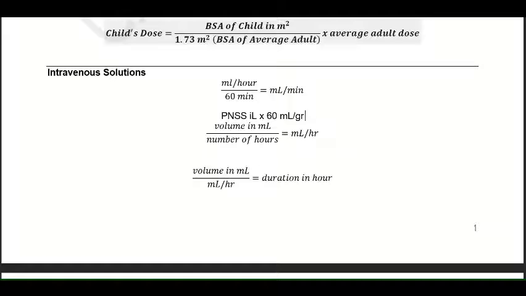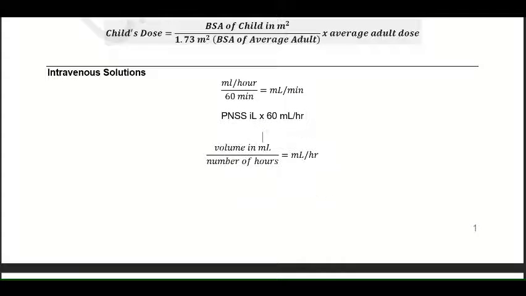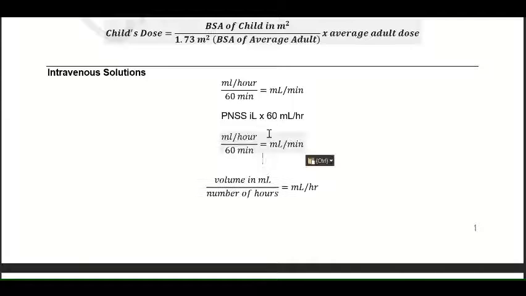For you to determine the ml per minute, if I would copy the formula and then transcribe our details there, you know it's 60 ml per hour as per the doctor's order, divided by 60 minutes. And then that would give you 1 ml per minute.